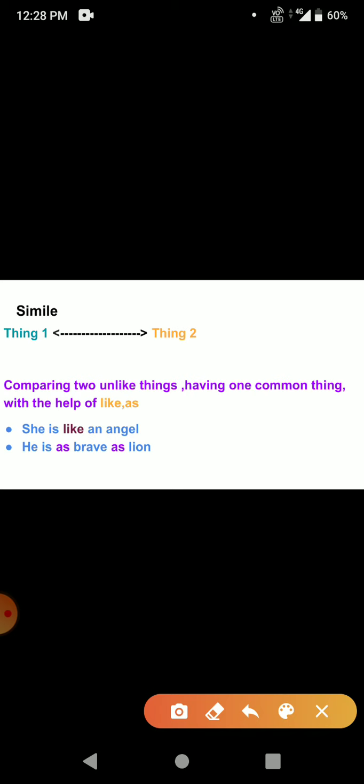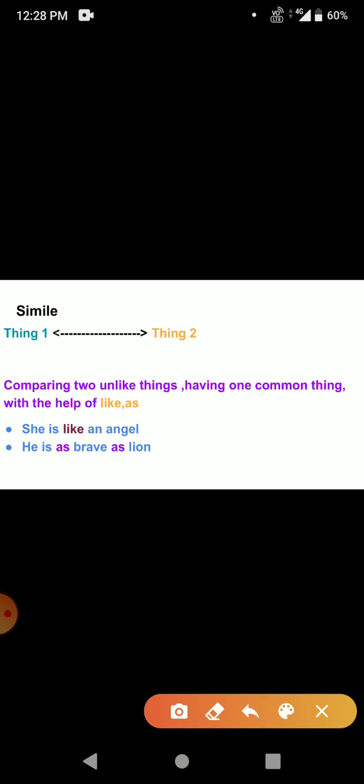So comparing two unlike things having one common thing with the help of like, as, or so, you can say this is simile. She is like an angel. He is as brave as a lion. So you are comparing that person's bravery with a lion, and then you make use of as.